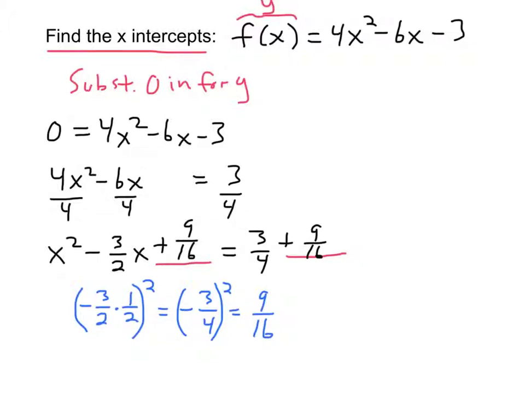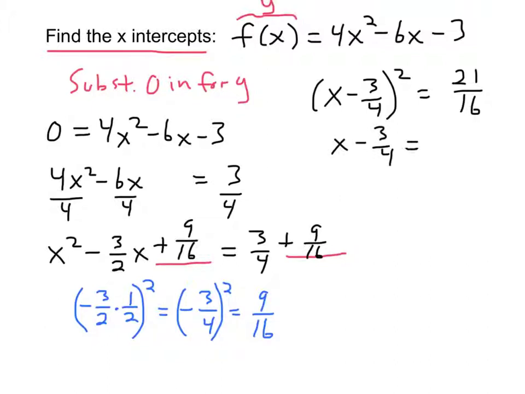So that will give us x minus 3/4 quantity squared equals 21 over 16. If we take the square root on both sides, we'll end up with x minus 3/4 equals the positive or the negative square root of 21 over 16, which, since that's a fraction, we can take the square root of 21 and divide it by the square root of 16, which would just be 4.